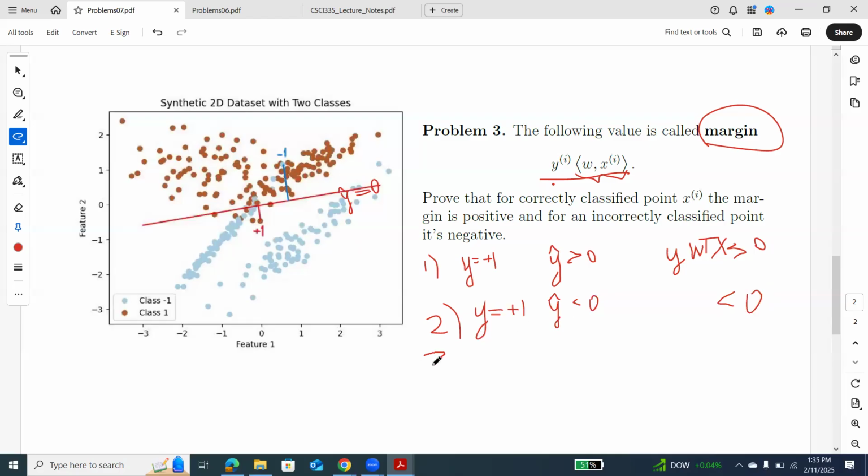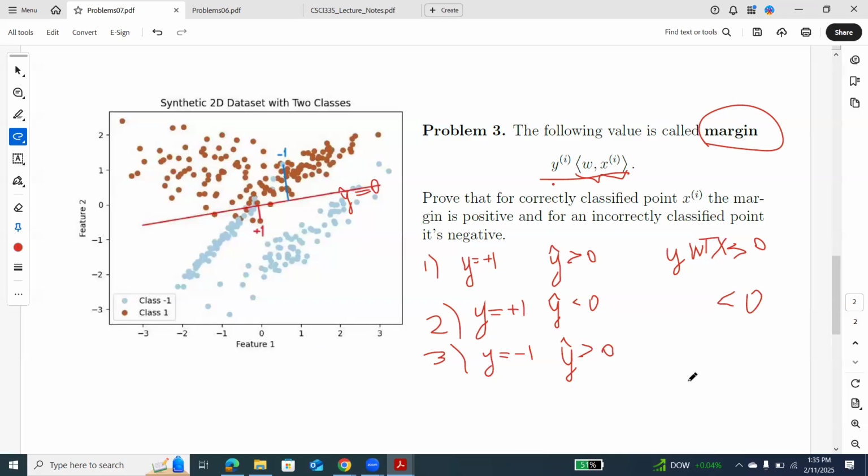The third case, when our class label was negative and the prediction was positive. So it corresponds to this point, blue.